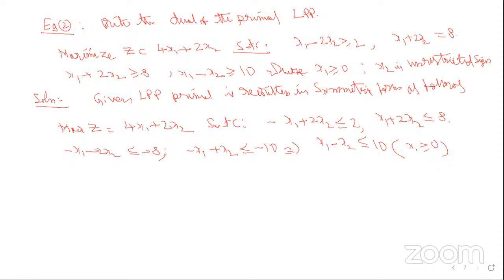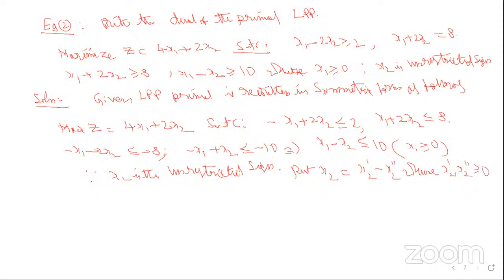Since x2 is unrestricted in sign, put x2 equal to x2' minus x2'', where x2' and x2'' are greater than or equal to 0.